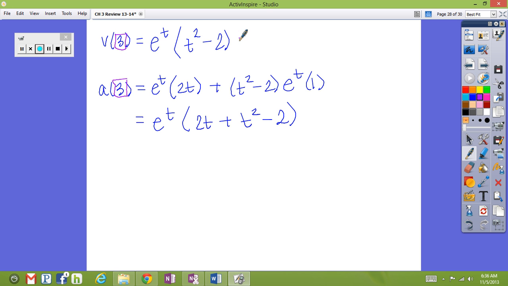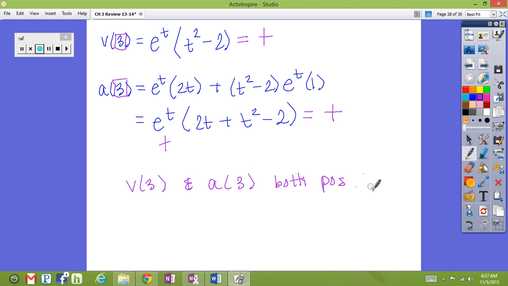So if I put 3 into here, I don't care about the value. e to the third is positive. 3 squared is 9, 9 minus 2 is positive, so this is positive. This piece here is always positive. This is 6 plus 9 minus 2, which is also positive. So v of 3 and a of 3 are both positive.